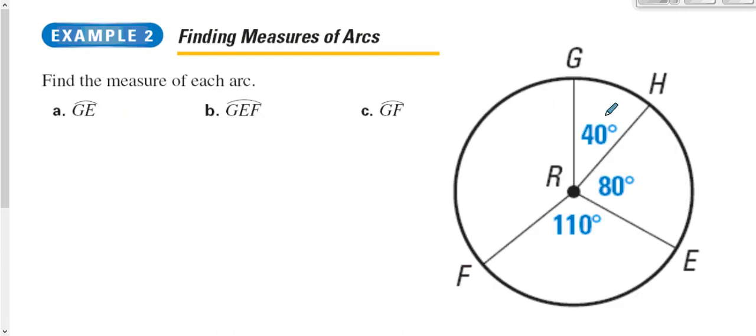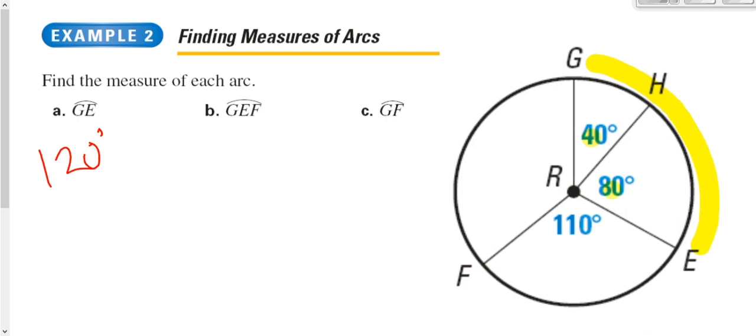So here's some practice finding measures of arcs. Once again, if we look at arc GE, we are going to go from G to E, so I need to include both of these arcs together. The 40 degree arc plus the 80 degree arc would give me 120 degrees.